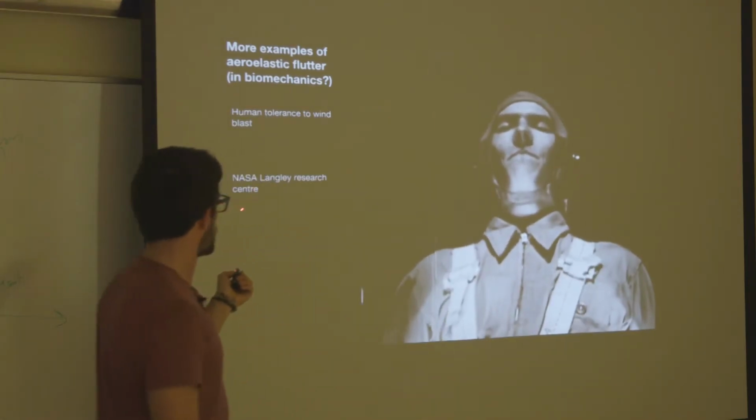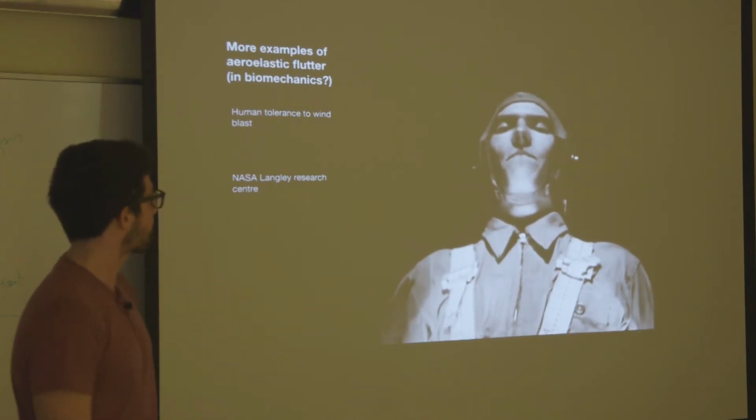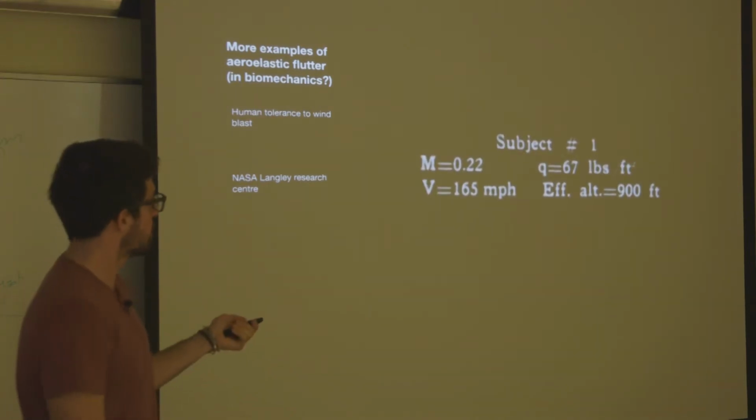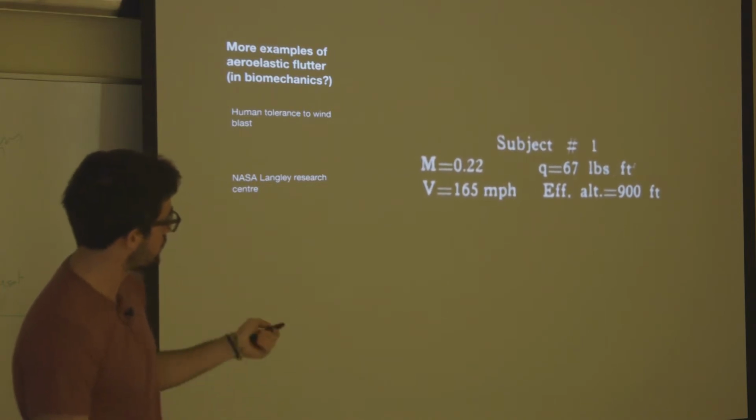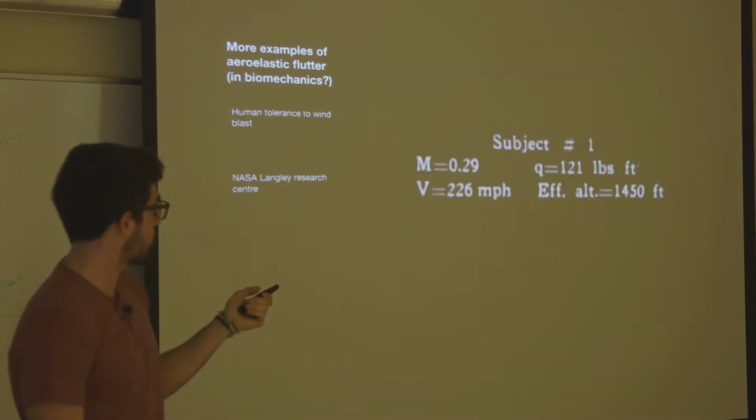This is an experiment done by NASA. They wanted to test the human tolerance to wind blast. So they start increasing the wind speed in this guy's face. So this goes up like crazy. This is like Mach 0.2, I think, and they go up to 0.6 or something like that.